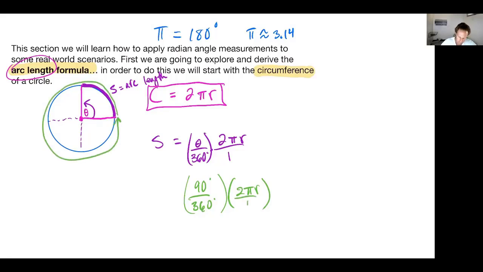So I'm putting it over 1 because what I'm going to end up getting is a fraction. And so that fraction is actually going to end up being divided by 10, that'll drop the zeros, and we go 9 into each of those to get 1/4. And so you can see that this is going to change, but what is not going to change is the fact that we're taking a part of the whole.